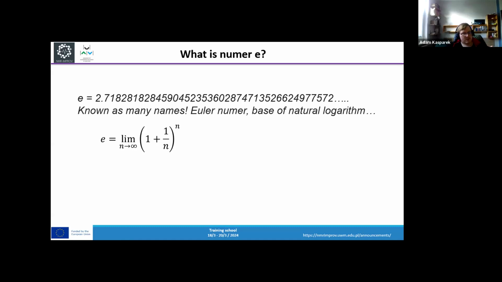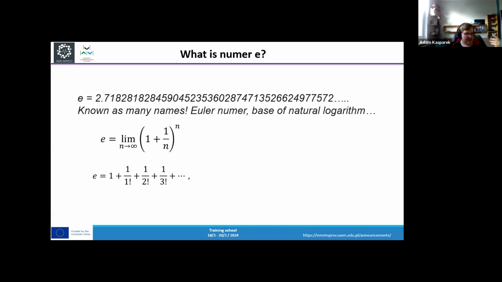So it still goes up, and we check whether this has some limit, whether it goes up to some number, and in the case of this equation, it goes to this number.